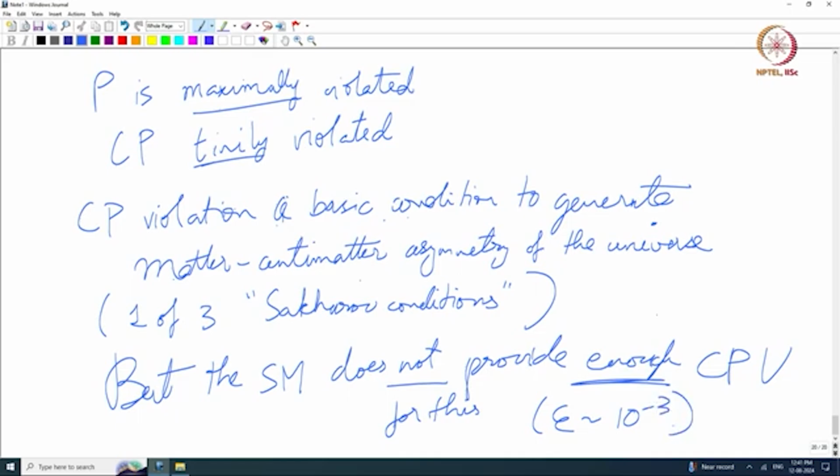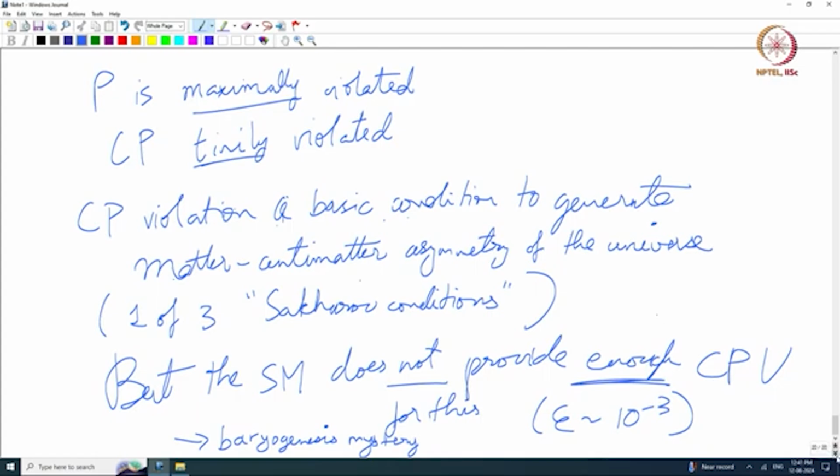It turns out you need a lot more, actually, orders of magnitude more than this. So the standard model does not really provide it, it gives a little bit but not enough to actually fix it. So that is what makes baryogenesis a mystery. This is one of the things that makes the standard model inadequate to explain baryogenesis. You need some more sources of CP violation, something further in the theory, something beyond the standard model, that can fix the correct CP violation amount in the universe.